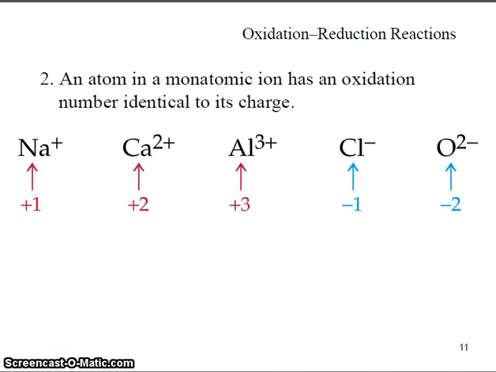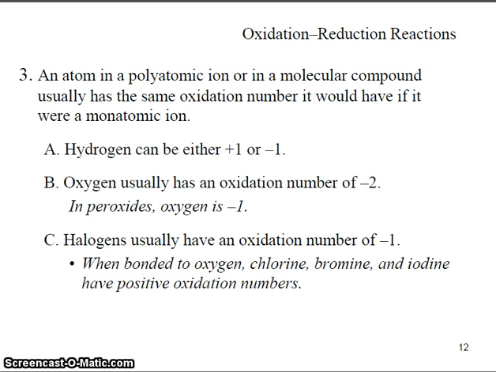On the other hand, if you are considering a monoatomic ion, then whatever is the charge that you see, the oxidation state or oxidation number is equivalent to that charge. So for instance, sodium plus has an oxidation state of +1, whereas aluminum 3 plus has an oxidation state of +3.